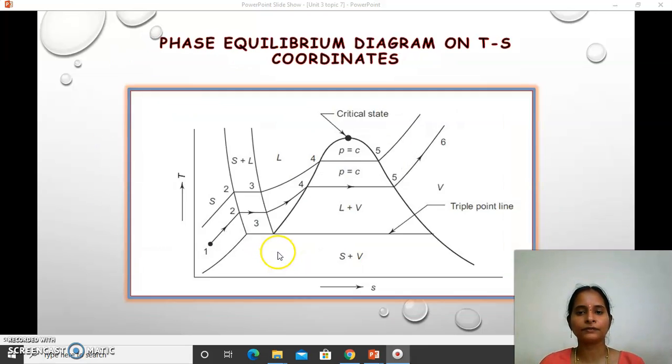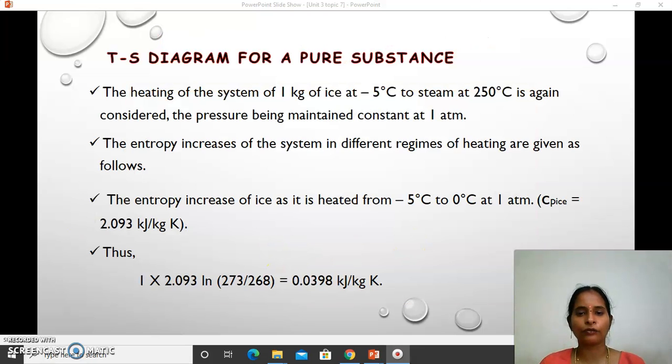Now if you want to calculate the next step, the latent heat of fusion, at the constant temperature of 0 degrees Celsius, continuously maintaining this temperature and the constant pressure of 1 atmosphere, all the ice would be converted to water at a constant temperature of 0 degrees Celsius.